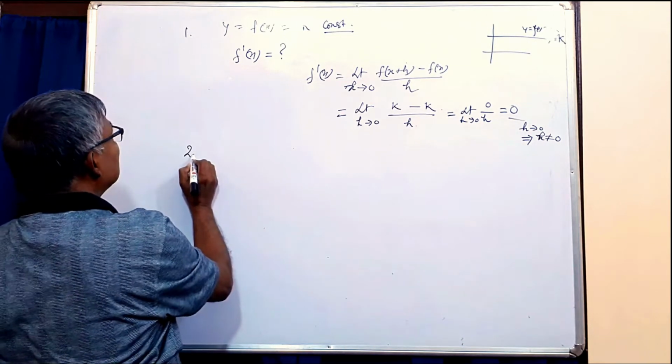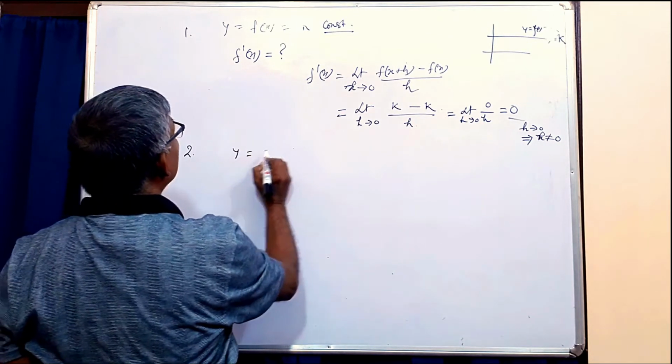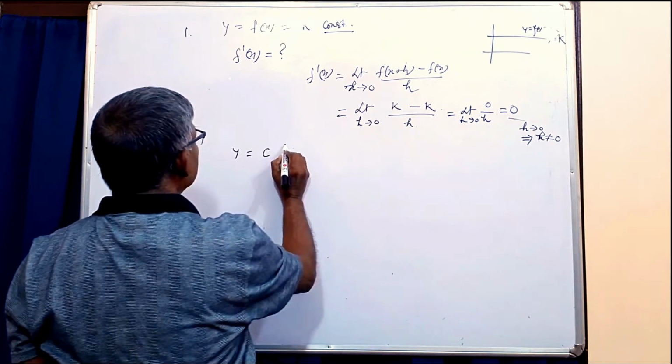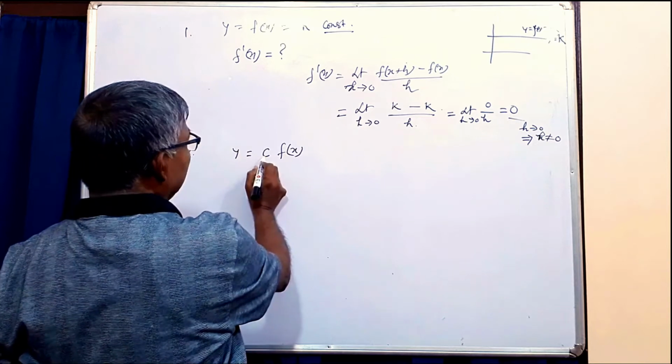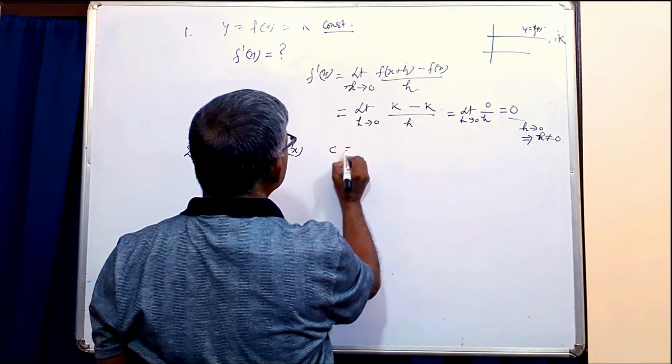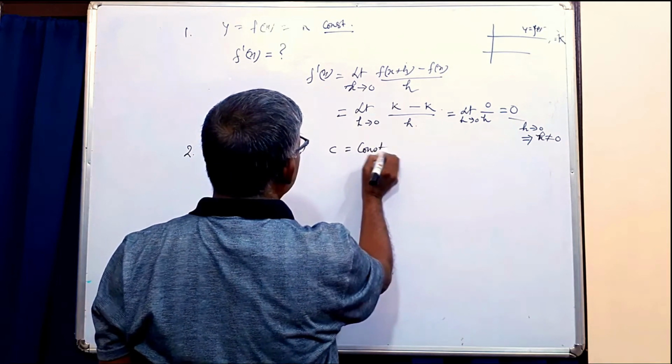Now let us learn what would be the derivative of c times f(x). Suppose y equals c into f(x), where c is a constant.